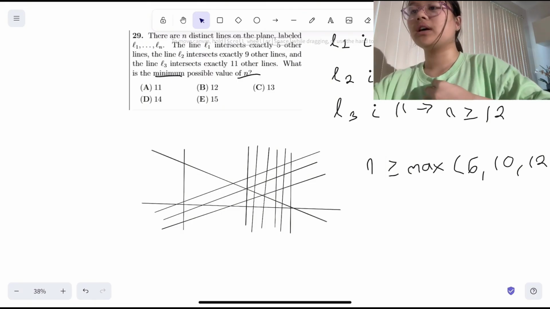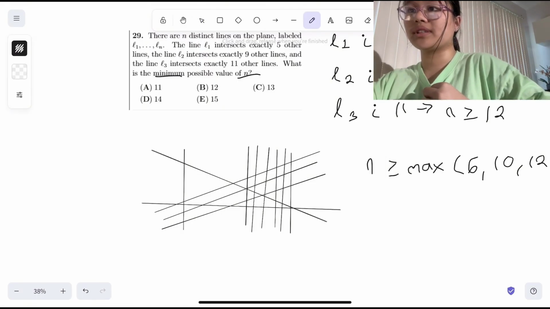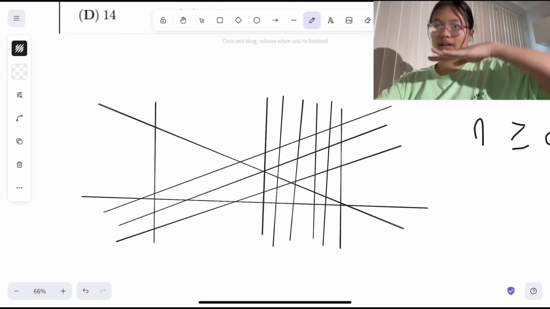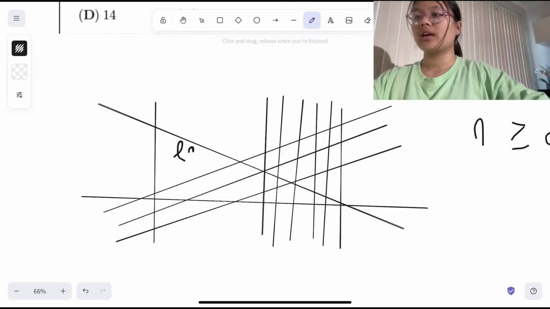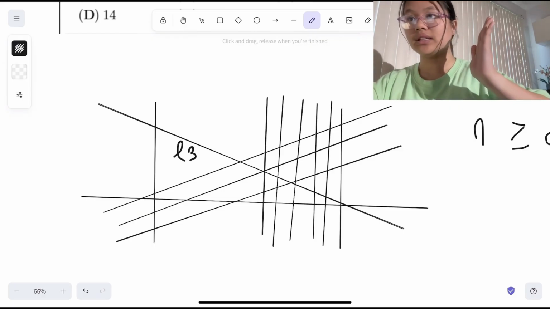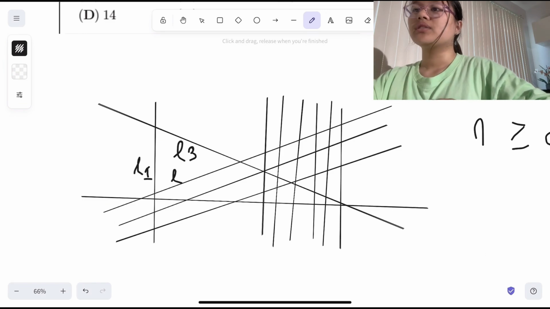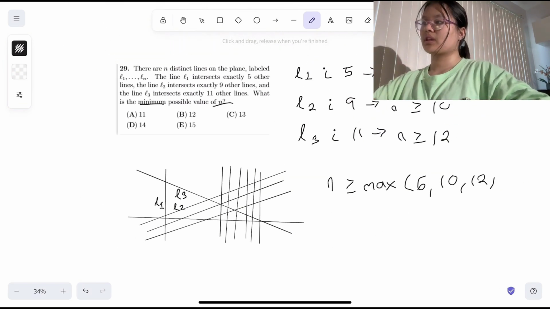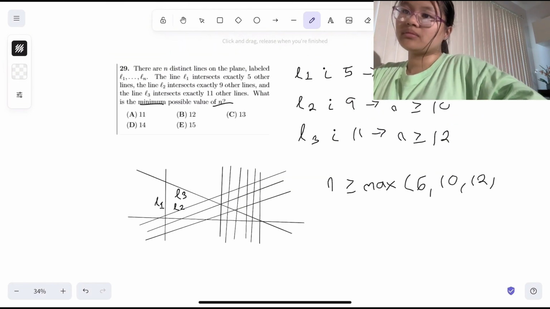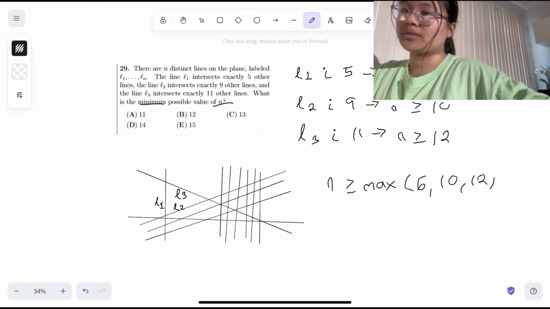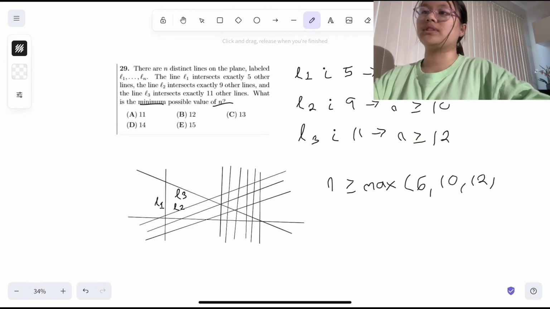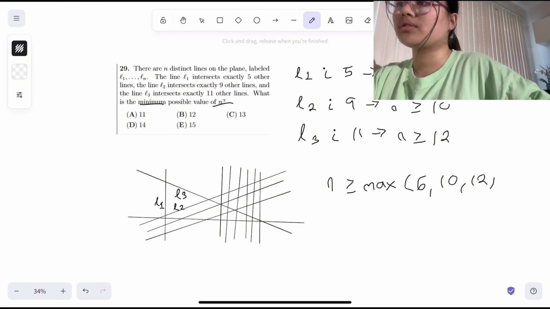So that's how our diagram looks. L3 goes on the line that's like this, L1 goes on the line that's like this, and then L2 goes on the line that's like this way. So the minimum possible value is 12 since it intersects 12 lines.